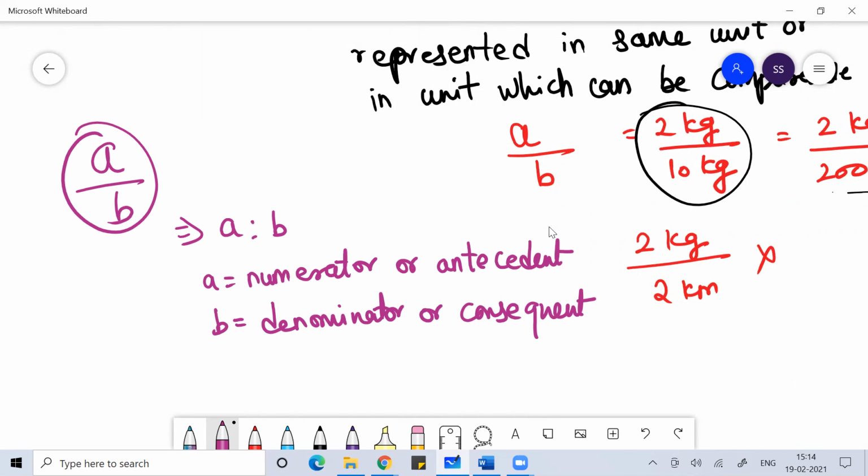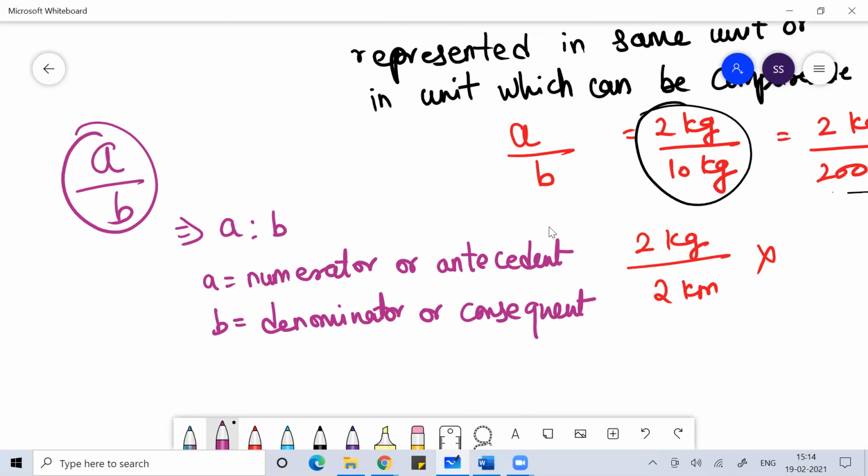Certain times when you are solving problems on ratio and proportion, instead of using the terms numerator and denominator, they may use the terms antecedent and consequent. So don't get confused between them. Numerator means antecedent, denominator means consequent, both mean the same thing.